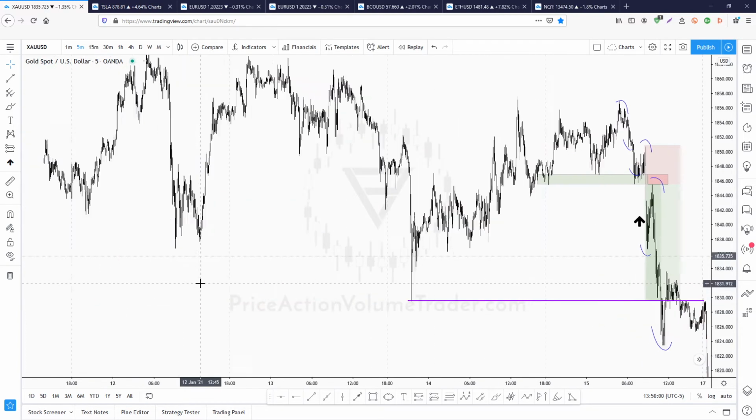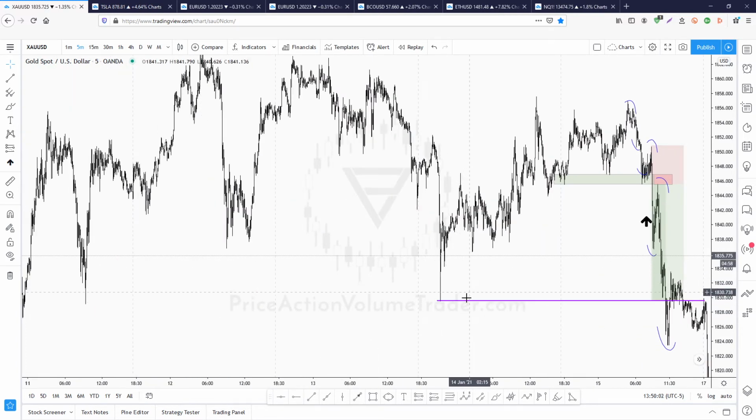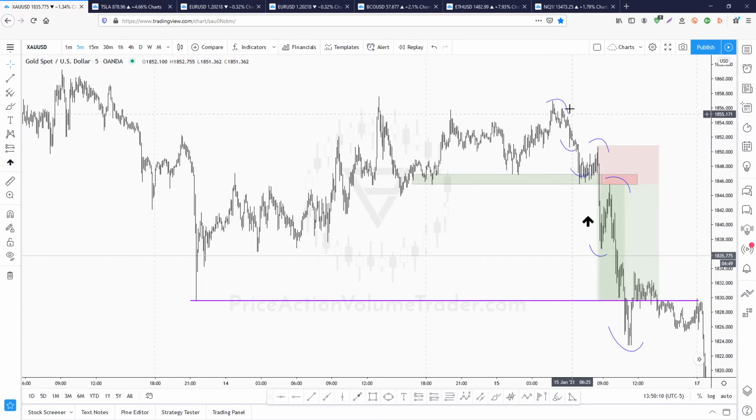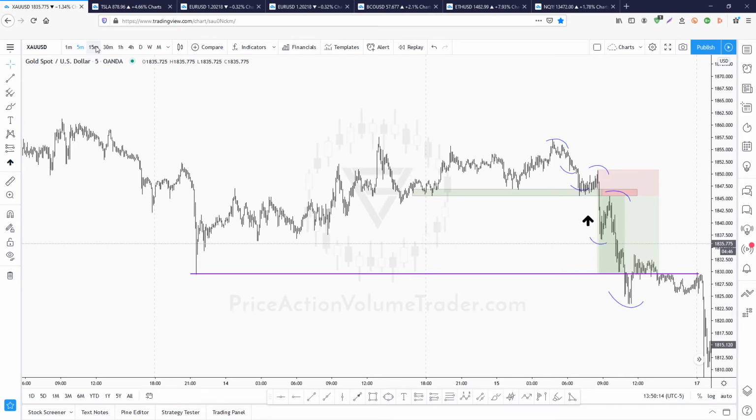If we zoom out, we can see this was a very important swing low. This was basically the bottom before we had this wave up and before we continued on the next wave down.